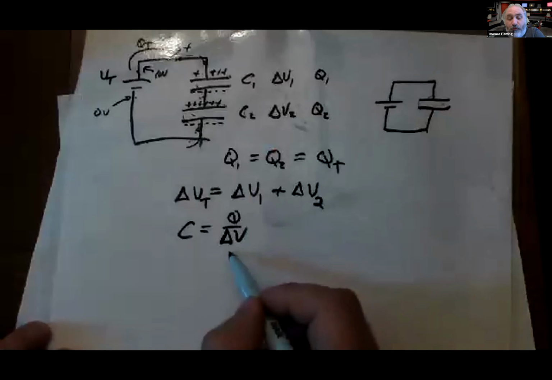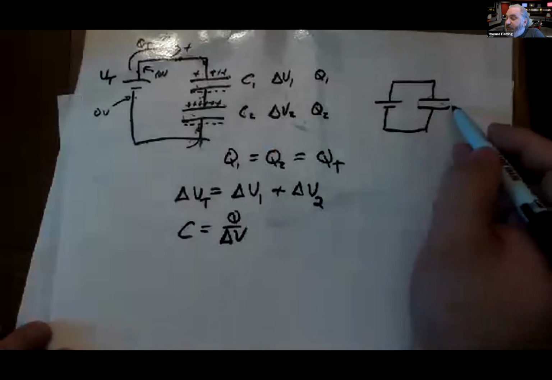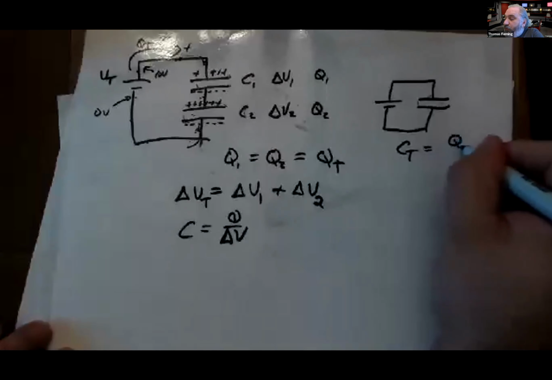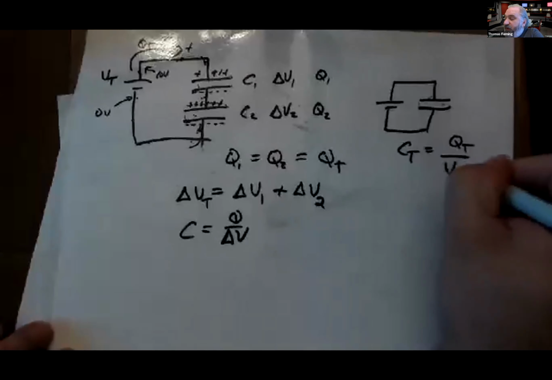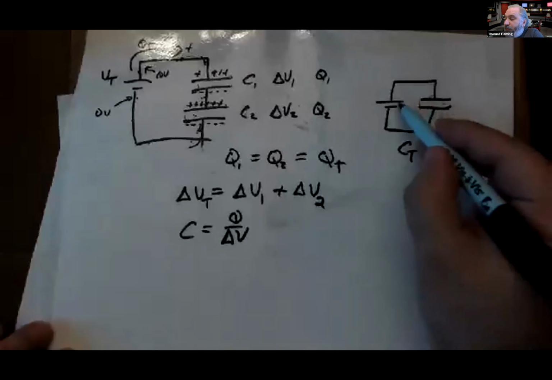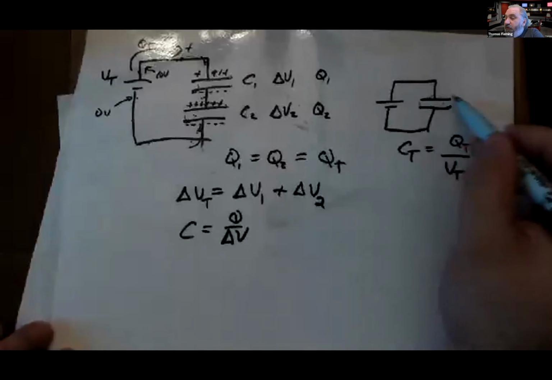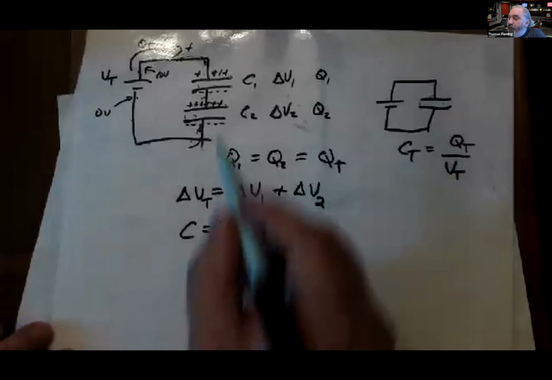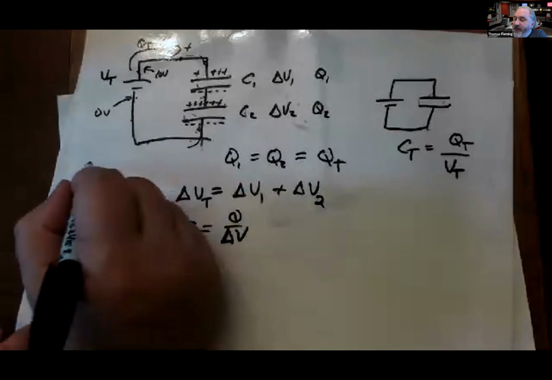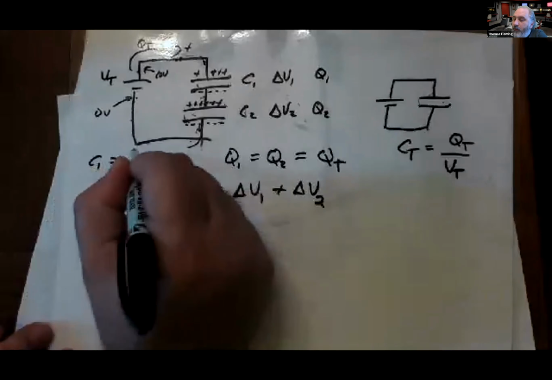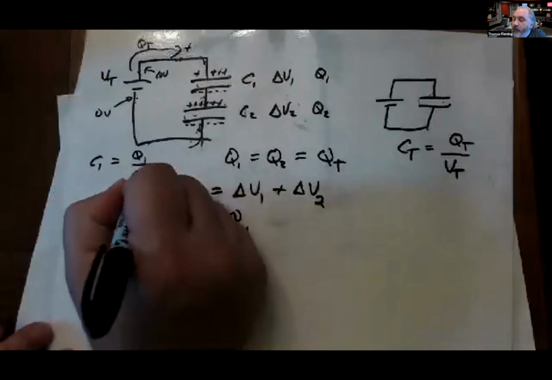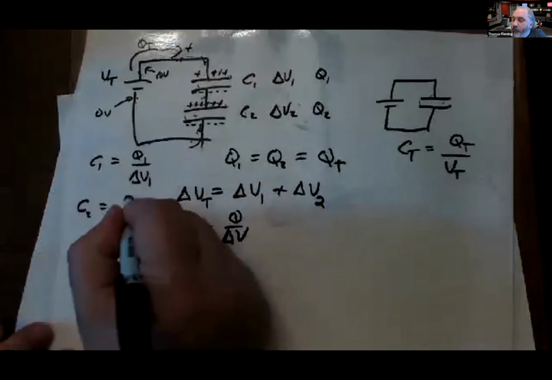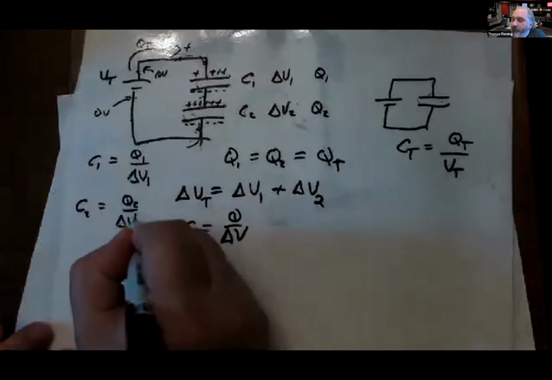Here's how it's going to work. If this is true for every capacitor, it's got to be true for this. I have to be able to say that C total ought to equal Q total over V total, where V total is this voltage, and Q total is the charge on this hypothetical capacitor. But this also has to be true for each individual capacitor. So I should be able to say that C1 equals Q1 over delta V1, and C2 equals Q2 over delta V2.